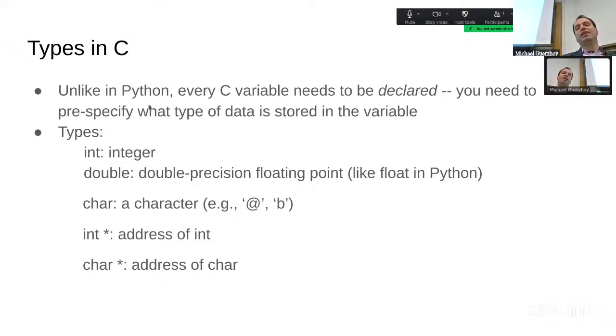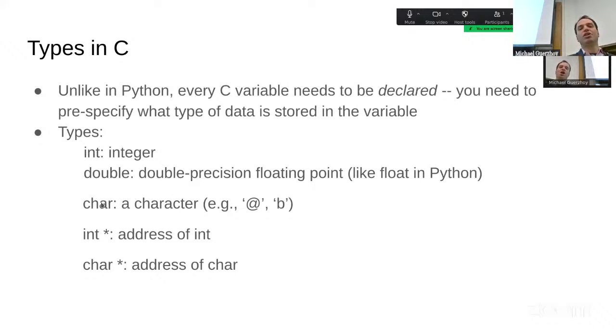So unlike in Python, every variable in C needs to be declared. What we mean by declare is we need to pre-specify what type of data is stored in the variable. The types of data that we'll see initially are going to be int, for integer. Double is what corresponds to float in Python; it stands for double precision floating point.